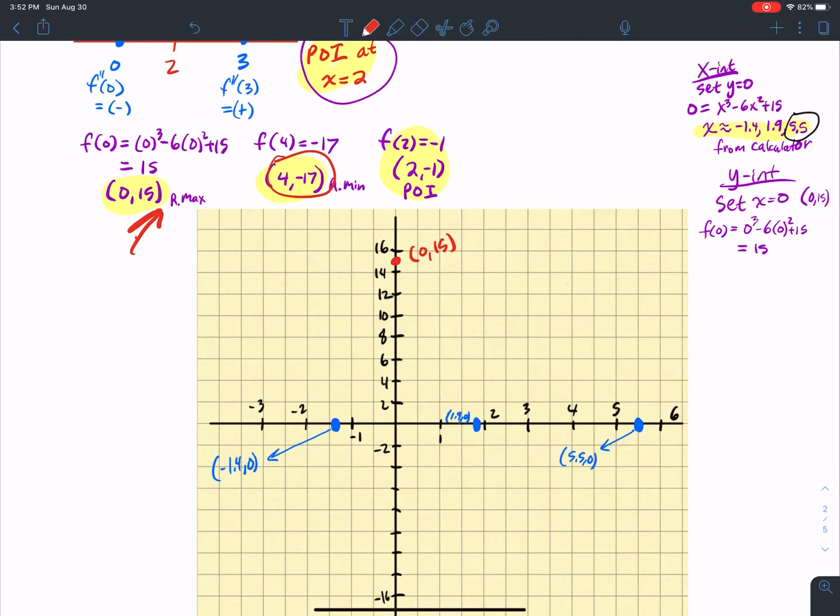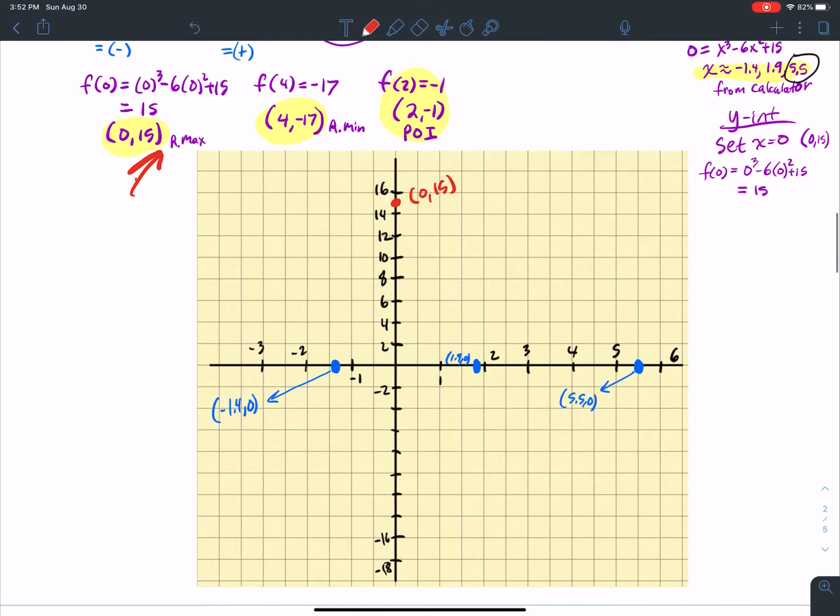Also, we have (4, -17), so I go over 4 and down 17. So that's like right here. That's a relative minimum. So (4, -17), that's my relative min. Relative max. See how I'm labeling all these things?